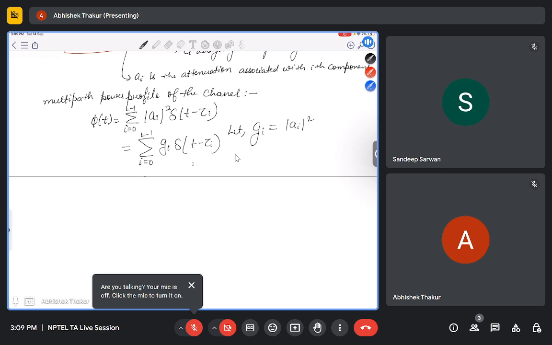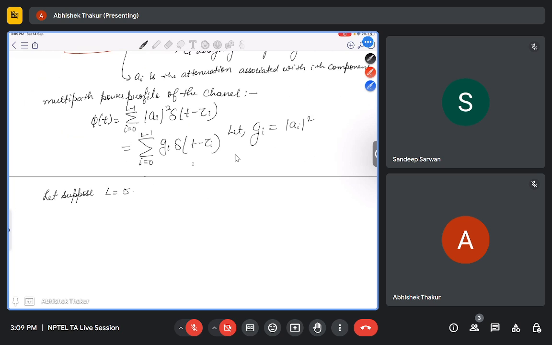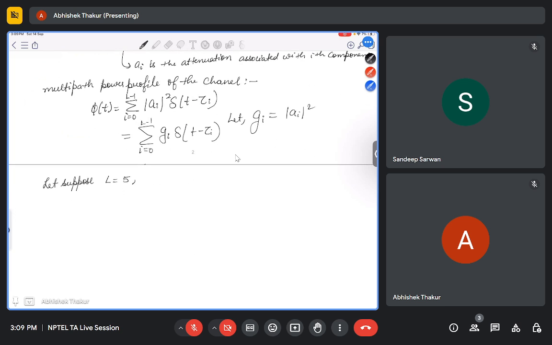So we can also draw, let's suppose L is equal to 5, the gain of the multipath channel.